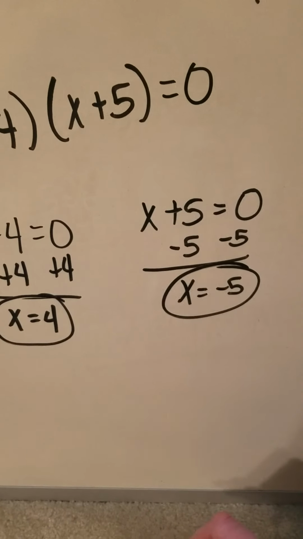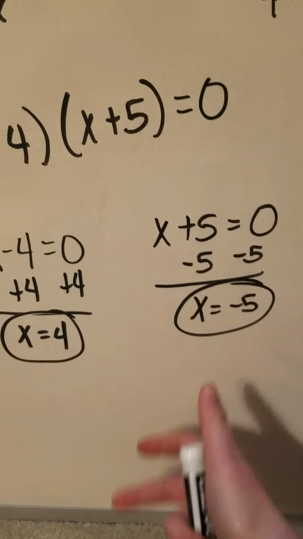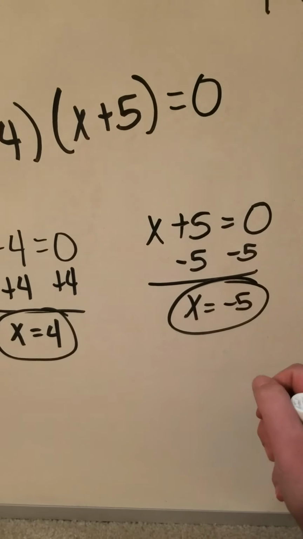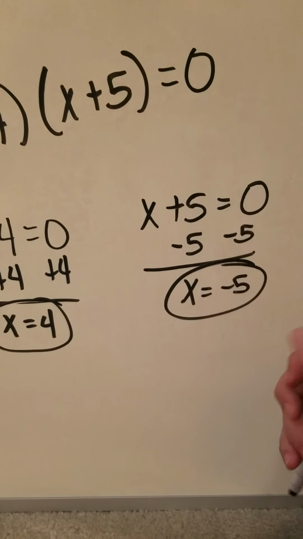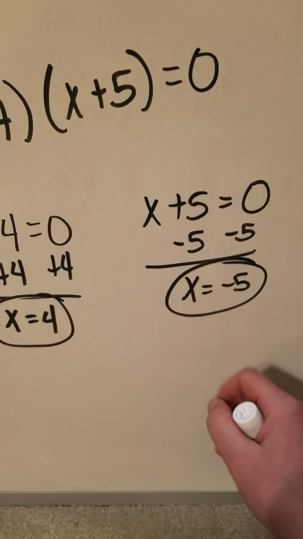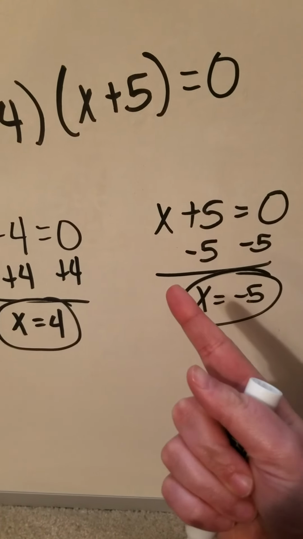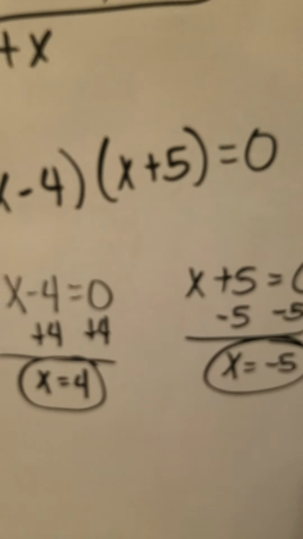There are some cases where you're going to get 2 answers like we see here. There are some cases, which you'll see in another video, where you'll only get 1 answer. It's possible to even get no answers. We've seen that a quadratic can hit the x-axis either 1, 2, or 0 times.